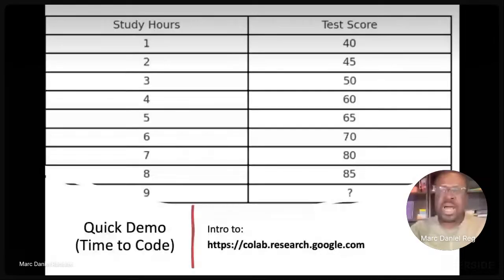Our goal is, instead of writing code to tell the algorithm what to do, we will give the algorithm row number 2, 1. We will feed it into the algorithm. It's going to find the pattern, and it should be able to tell us what the test score would be for someone who studied 9 hours, or 10 hours, or 11 hours, or 15 hours. All right, so let's head over there now.